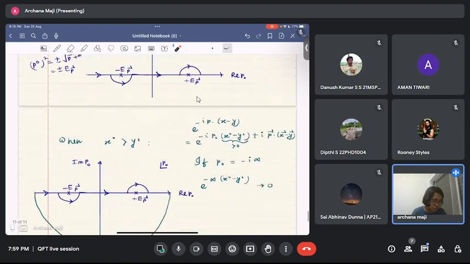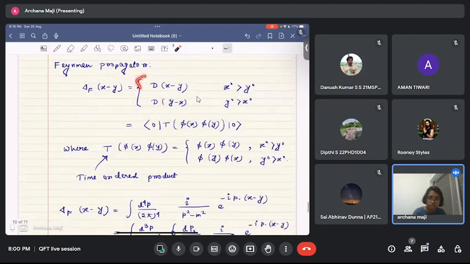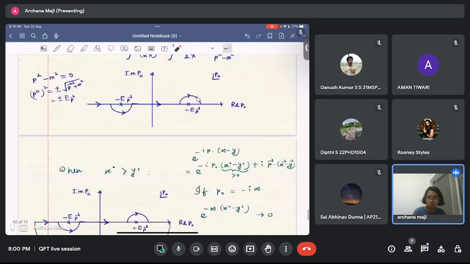So you could have chosen the contour to be like here and then that way and this way. That will not give you the Feynman propagator, that will give you something else which is called the advanced propagator. The definition is a bit different, but in order to get the Feynman propagator, which is defined in this particular way, the contour that you can only choose is this one.